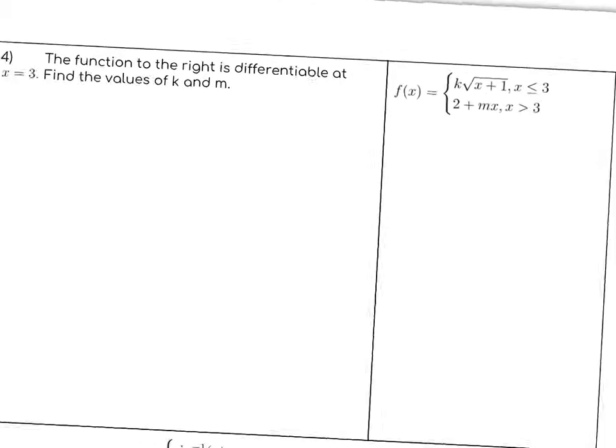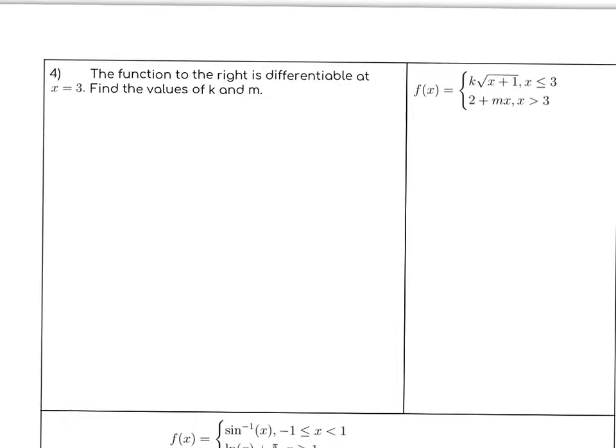Moving on to number 4. It says that the function is differentiable at x equals 3 and to find the values of k and m. This means that the limit has to exist, it has to be continuous, and then the derivatives have to be equal. So the first thing I might do is find the derivative, because I know I'm going to need to. For the left side, that's going to be k over 2 times the square root of x plus 1.